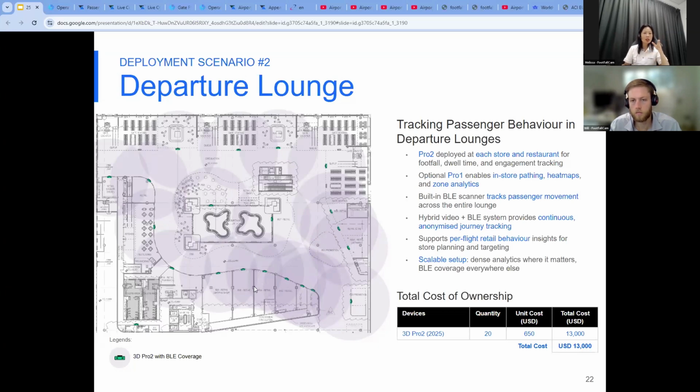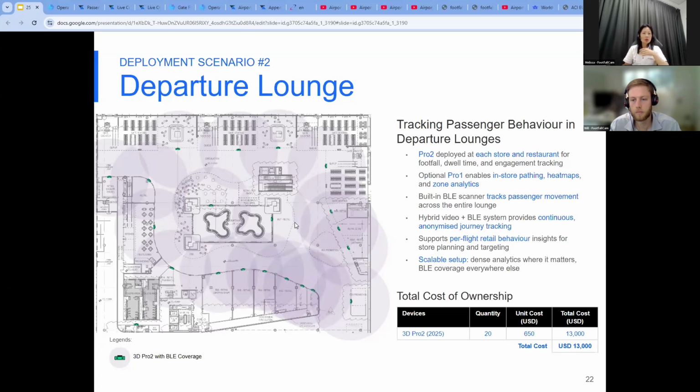So practically speaking, this means we can track each anonymous passenger across the entire lounge journey. We'll know when someone enters, which stores and restaurants they visit, how long they stay, and finally, which gate they depart from. So all of these are, of course, GDPR compliant and fully anonymized.